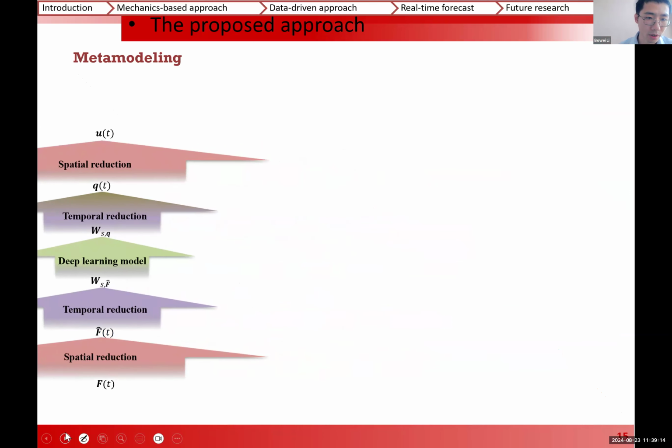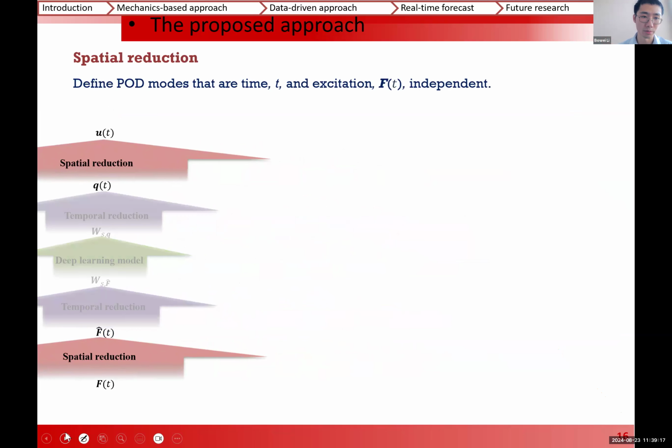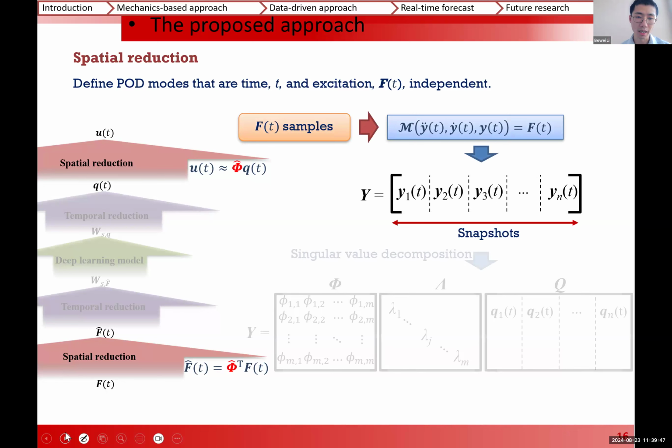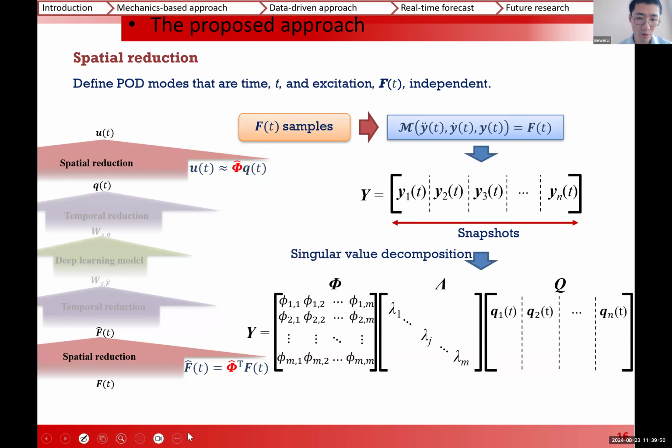Regarding spatial reduction, we perform projection-based reduction. It relies on a coordinate transformation matrix phi hat to reduce both the inputs and outputs. To obtain phi hat, we perform singular value decomposition over snapshot matrices collecting snapshots of the high-fidelity, high-dimensional response data of the structural system. After the singular value decomposition, the first matrix phi is the POD mode matrix.